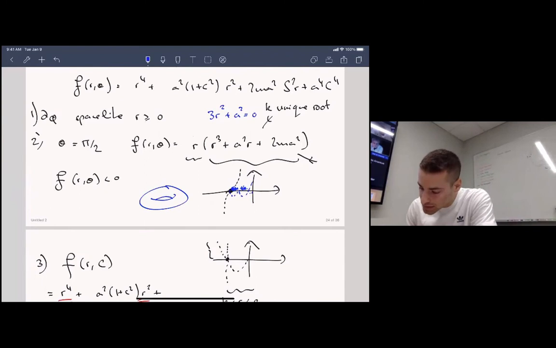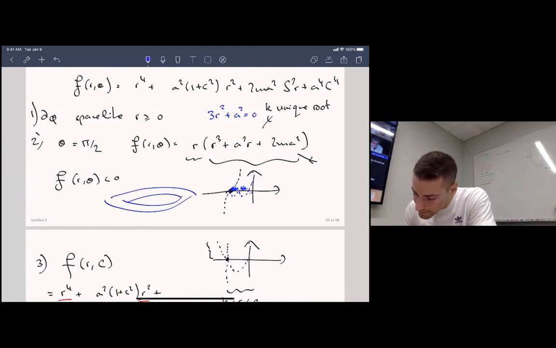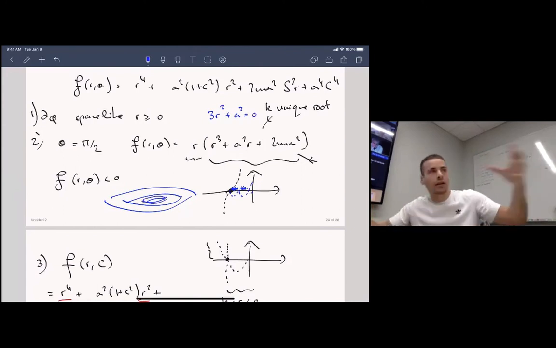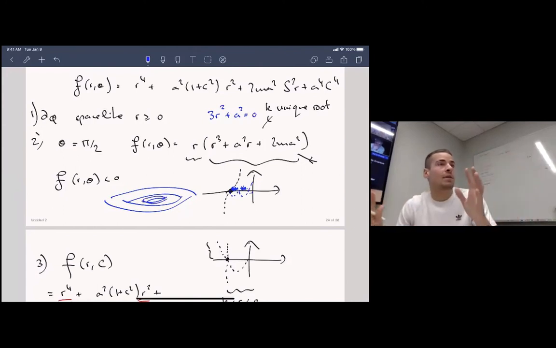But I'd get maybe a succession of donuts, an outer donut and an inner donut, but that doesn't happen. That just doesn't happen. But if there was a different term here, if this was a negative, for instance, then that would happen. So it really is a fact about the Kerr metric.